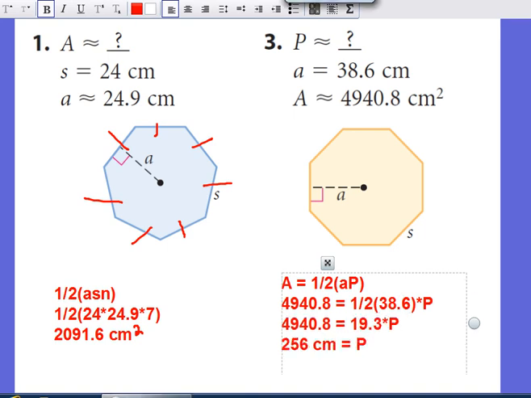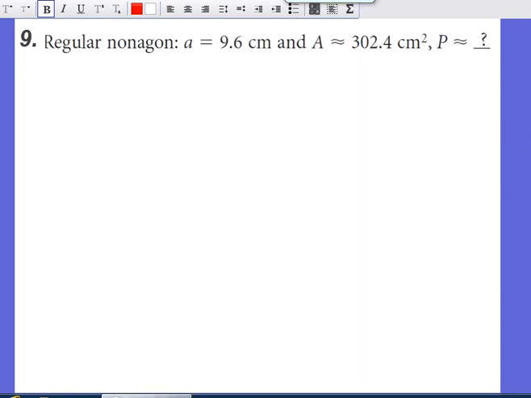So go ahead and try. 1/2 of 38.6 is 19.3. So we have our equation, 4,940.8 equals 19.3 times perimeter. We divide both sides by 19.3, and 4940.8 divided by 19.3 is 256, equals the perimeter. Go ahead and pause this and make sure you understand how to do it. I'm going to move on.